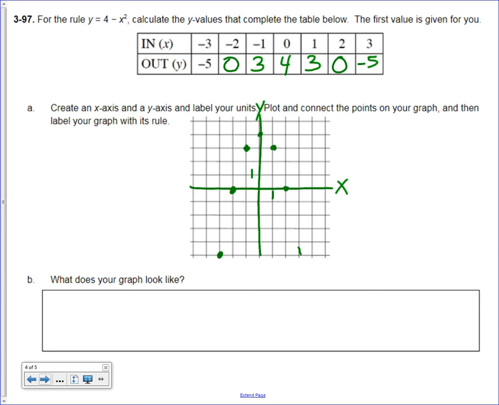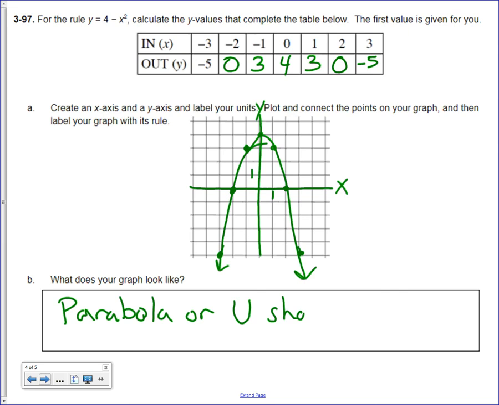And 3, negative 5. So my graph is going to look like this. Oops. Make sure I put arrows. Okay, so you could say it's a parabola. Or you could say it's a U-shaped upside down.